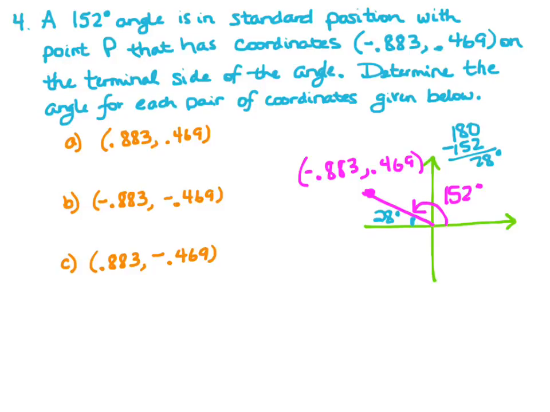So for question A, notice that both of the coordinates are positive, which means I want to draw this reference angle in quadrant 1. And so if I draw that same angle in quadrant 1, well, it's just going to be 28 degrees. Now, question B, both of the coordinates are negative, and that means this angle is going to be in quadrant 3.